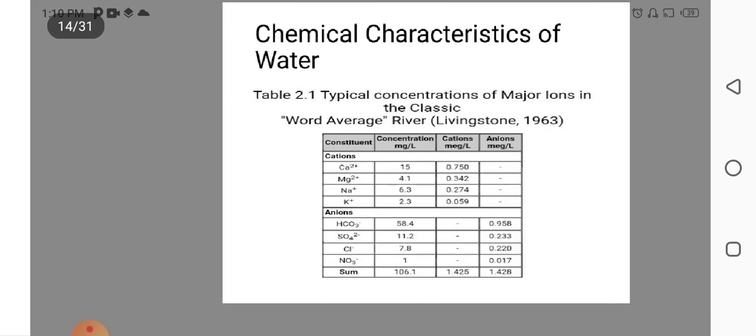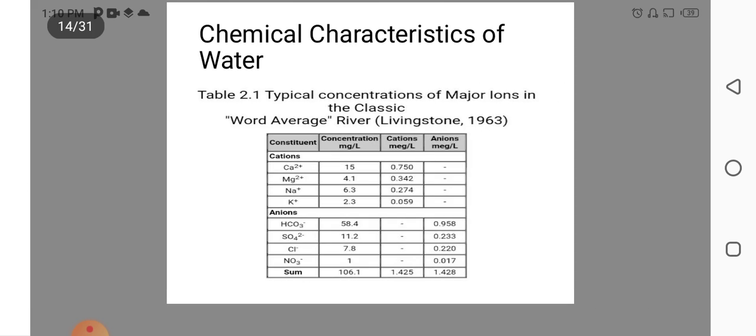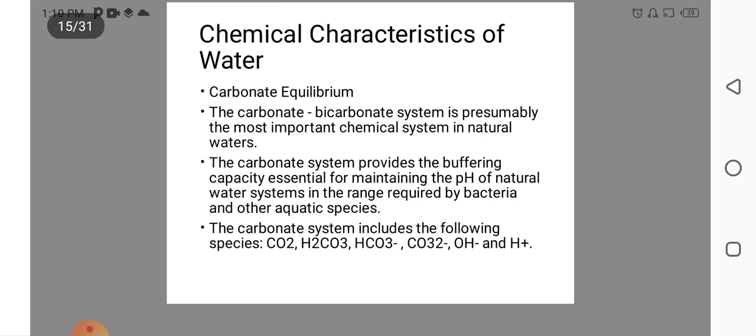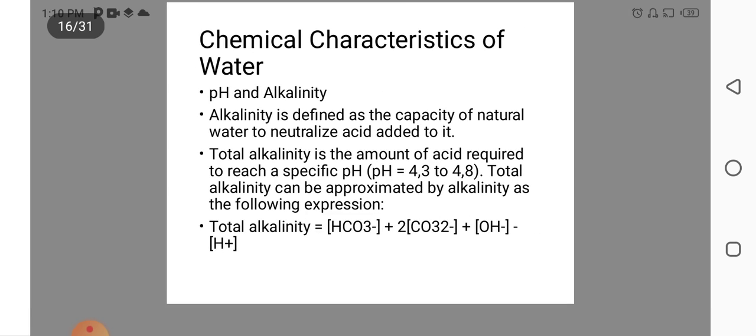Chemical properties. Here are some of the positive and negative ions shown. Carbon at equilibrium: these are the species CO2, H2CO3, HCO3, CO3 2-, OH-, H+. pH and alkalinity.